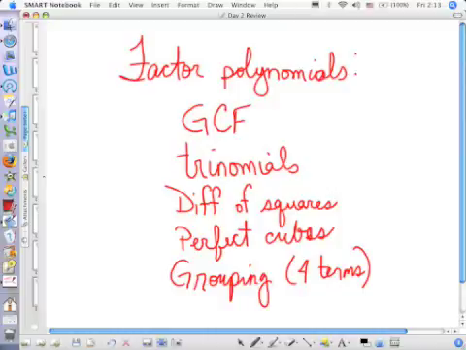We had the difference of perfect squares. We had perfect cubes. And factoring by grouping. If you remember, when do you group? If you don't remember, it's written up there for you. When you have 4 terms.